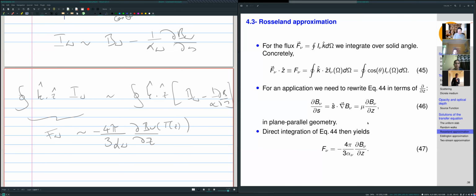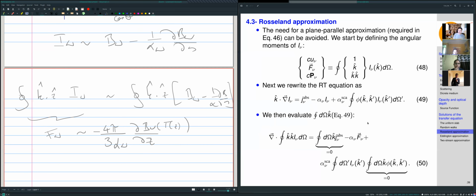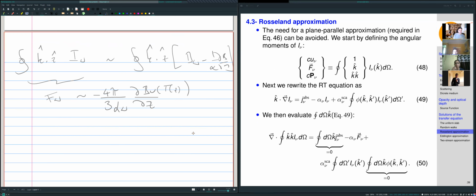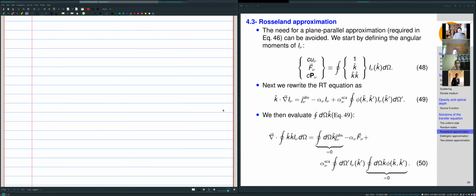We are now starting new material, which is looking at this Rosseland approximation again, but from a more general perspective.